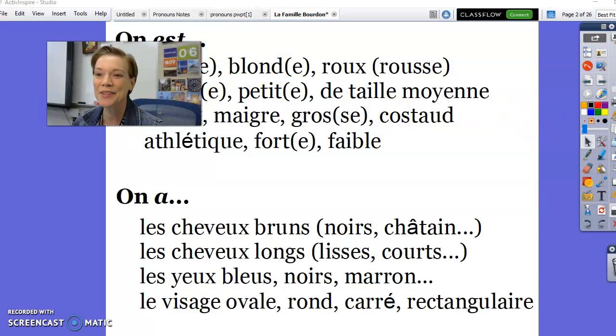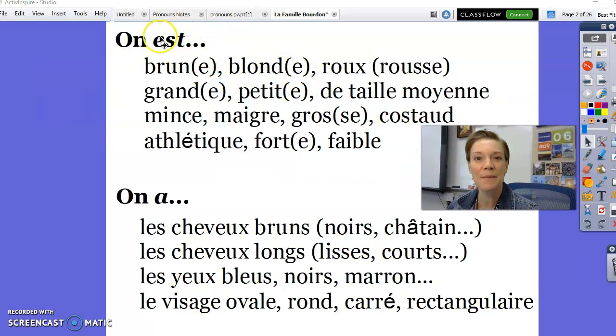All right, class, the first thing I want to talk about are things that people are. So I've said on est, one is, brun ou brune, blond ou blonde, roux ou rousse. I think you know this part already. One can be brown-haired brunette, blonde, or a redhead. Those are some basics that we already have.